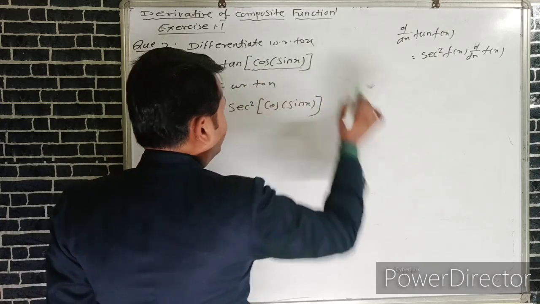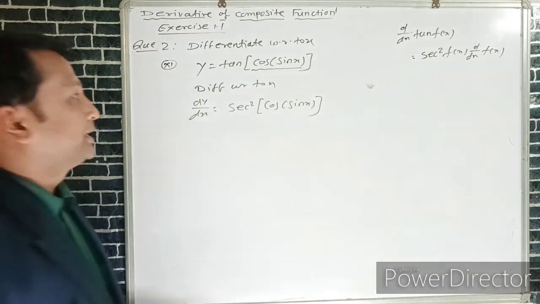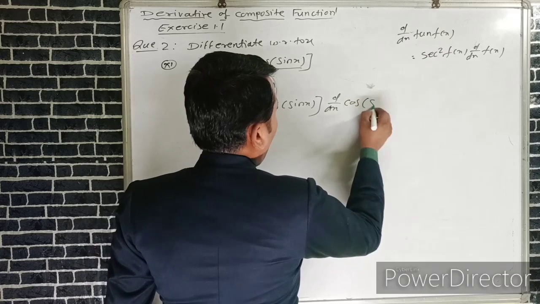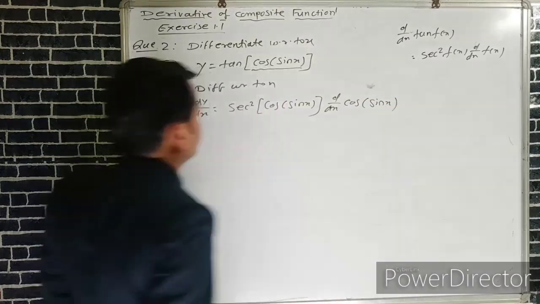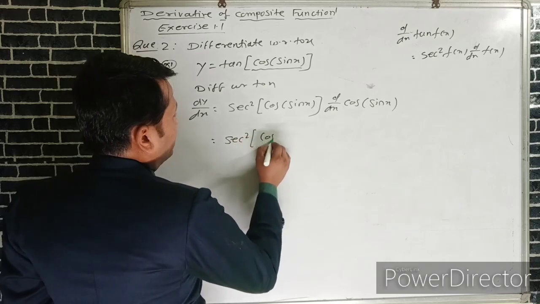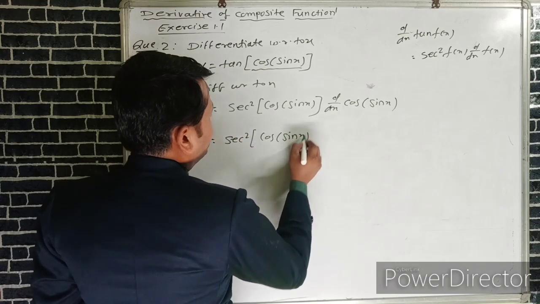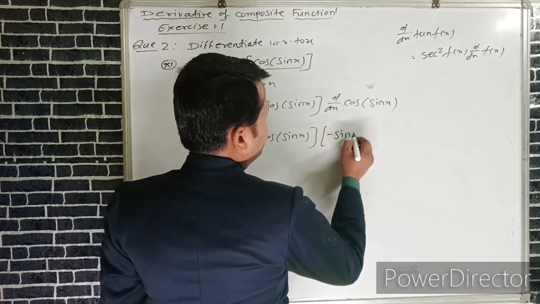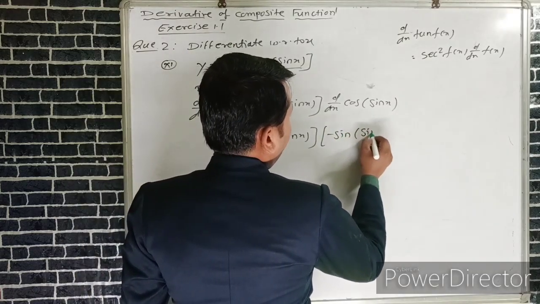This cos of sin x is a composite function, hence we can write the derivative of cos of sin x. Sec square cos of sin x as it is. The derivative of cos is minus sin into sin of x.